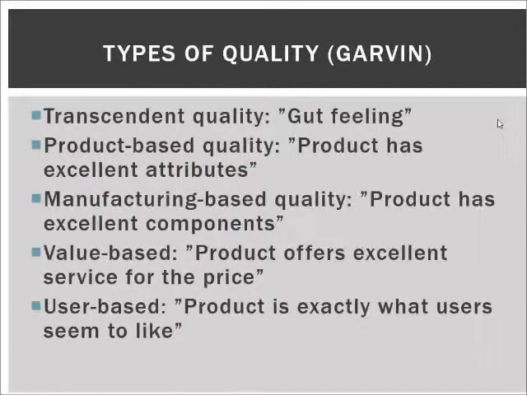Overall, Garvin also defines 5 main types of quality, which usually are some versions of these 8 dimensions. The transcendent quality is simply the gut feeling. You can't explain why you think this product is of high quality, but you know it when you see it.